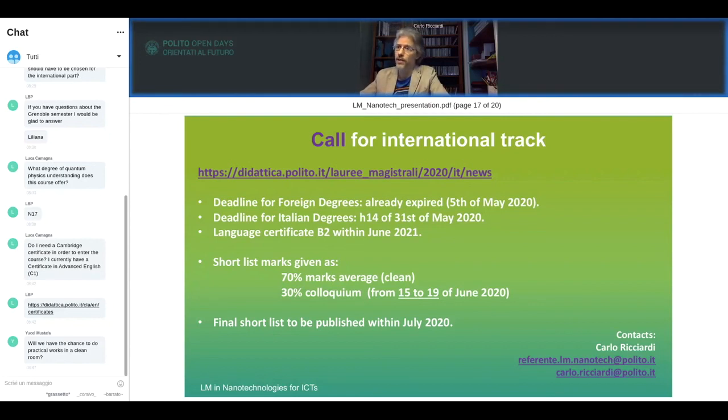As I was saying, the language certificate is postponed to June 2021, and the shortlist is given in this way: 70% to your average marks for the bachelor, clean, without subtracting the worst or the best marks. And then there is a colloquium that will be in mid-June.